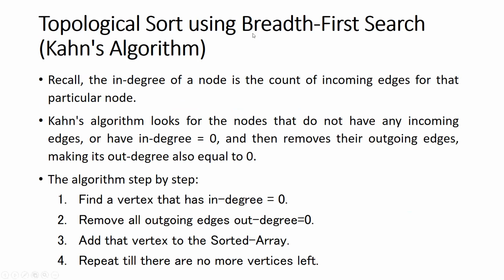These algorithms use the in degree to perform the topological sort and find the list. The steps we need to follow are listed in the slide. Find a vertex that has in degree equal to 0. Remove all its outgoing edges. Add that vertex to the sorted array and repeat until there are no more vertices left.